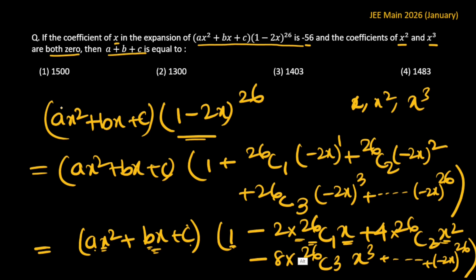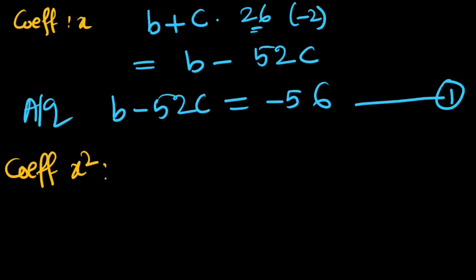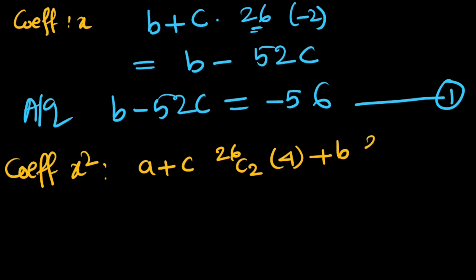So b is multiplied by this term. Therefore the coefficient of x square is equal to a plus c times 26c2 into 4 plus b times 26c1 times minus 2.